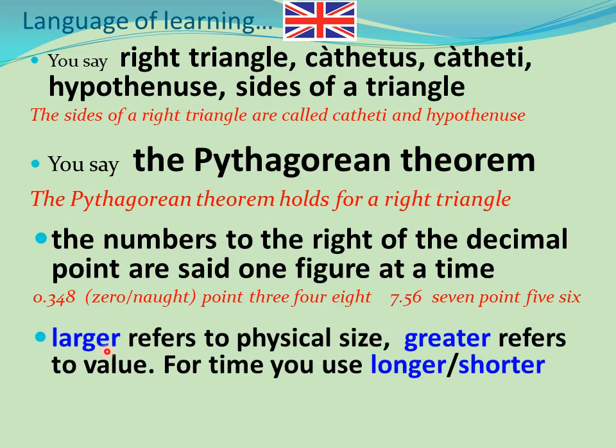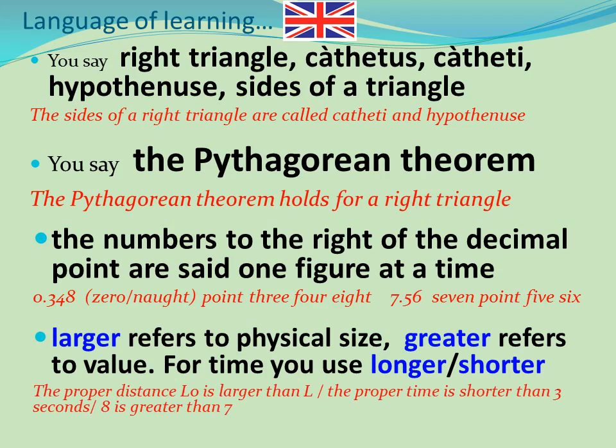Larger refers to physical size, greater refers to value, but for time you use longer or shorter. The proper distance L0 is larger than L. The proper time is shorter than 3 seconds. 8 is greater than 7.